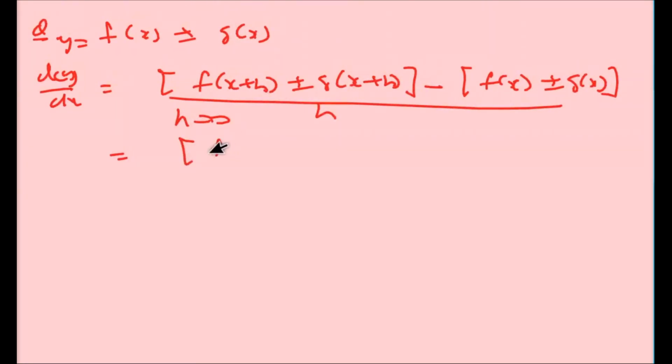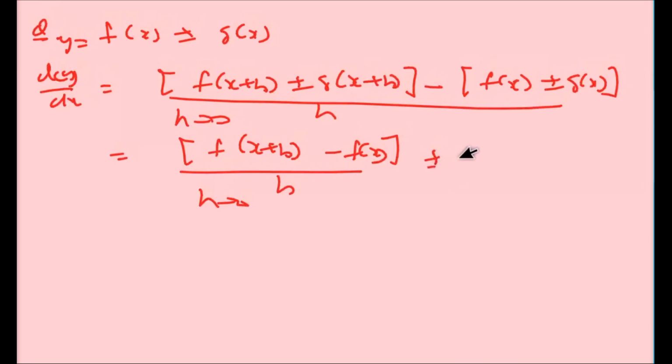We can write here f(x plus h) minus f(x) upon h, and plus minus here, we can write g(x plus h) minus g(x) upon h, h tends towards 0.